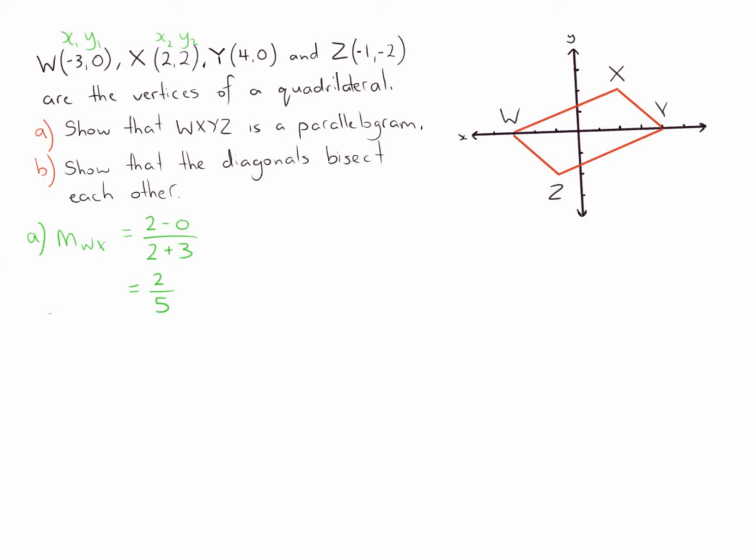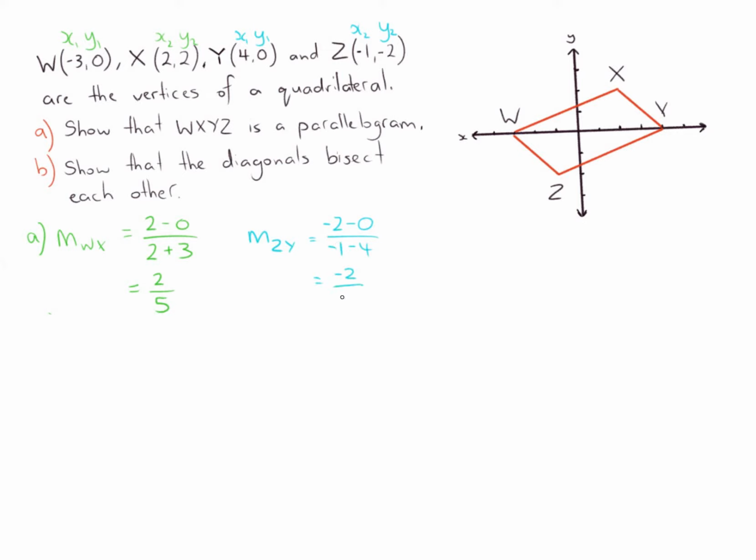Let's compare that now to ZY. What is the gradient of ZY? Y can be our first point, (x1, y1), and Z can be (x2, y2). y2 minus y1 is -2 take away 0, over x2 minus x1, which is -1 minus 4.